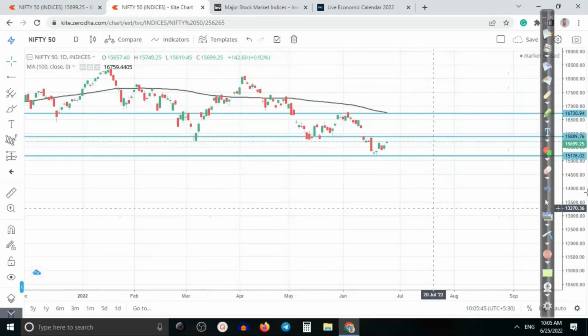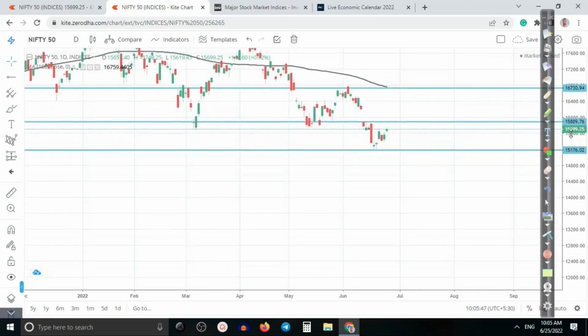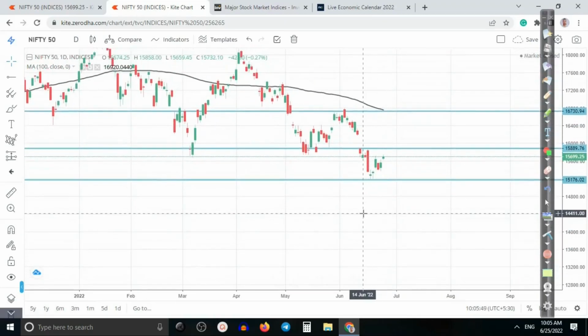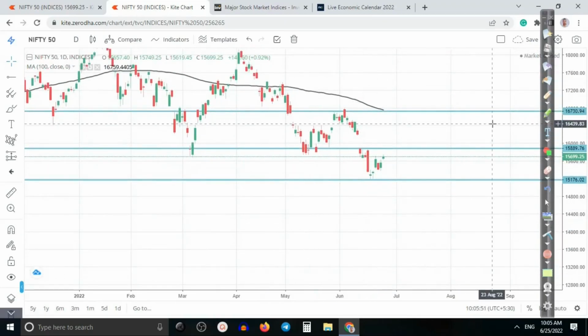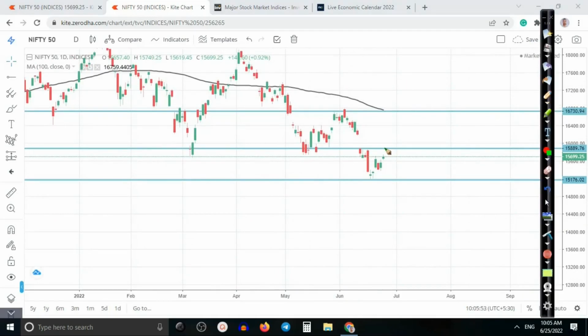Now here I can see the daily time frame when we drew a resistance line by connecting this swing point. Right now this 100 moving average acts as a resistance. In the weekly time frame, this 100 simple moving average acted as a support.